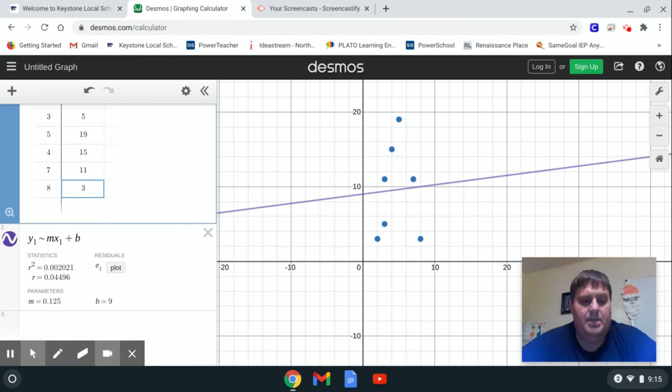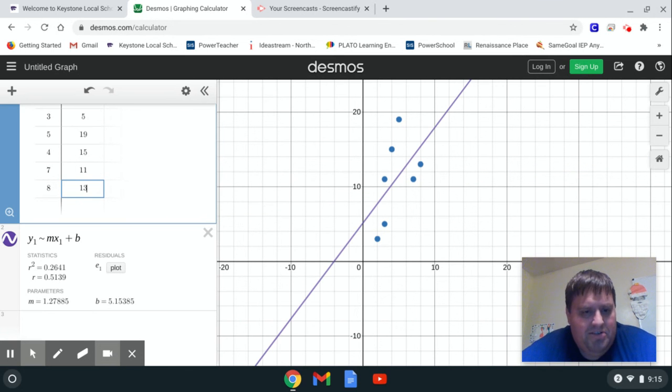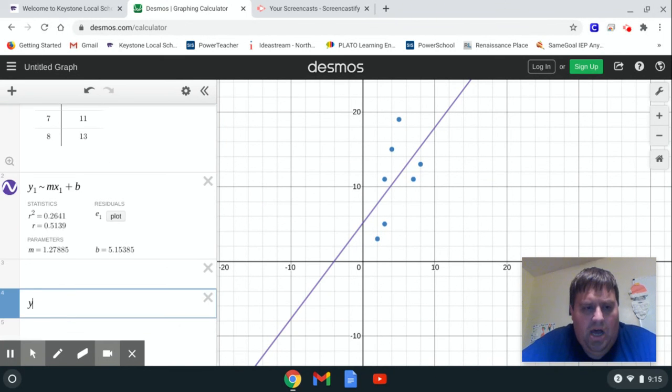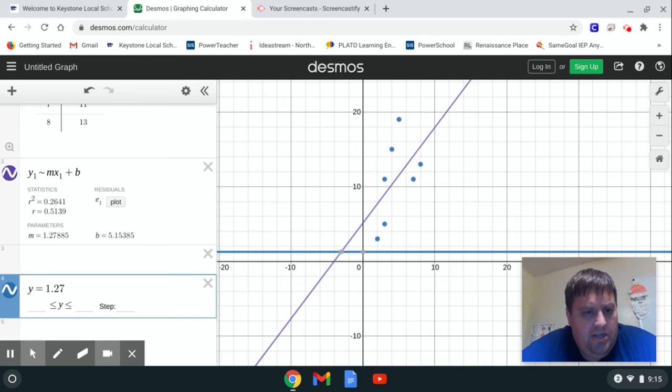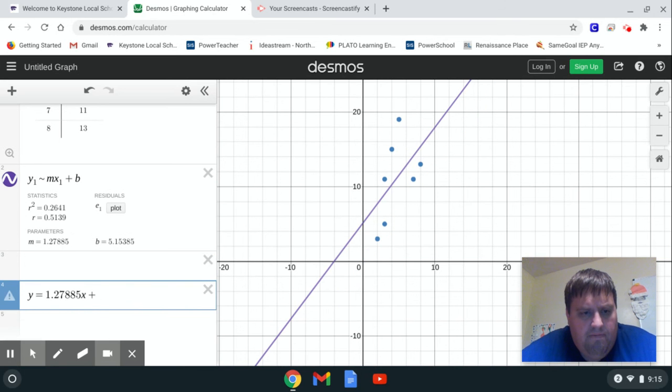So this is how this is going to work. Now notice that this one has a really nice slope and y-intercept though. Let me put that back at whatever it was at, 13, sure. So notice once we have our equation here, so let's say I have y equals 1.27885x plus 5.15385.